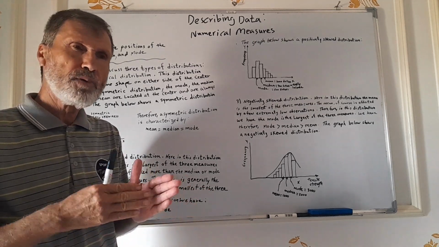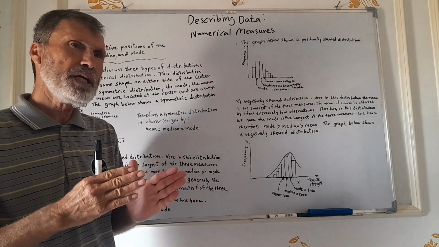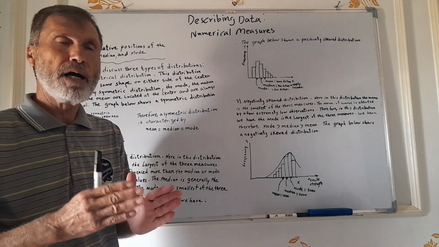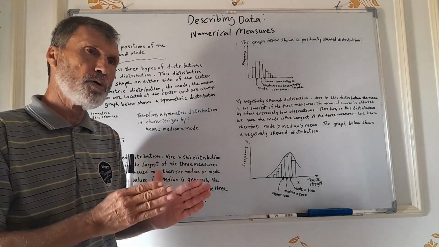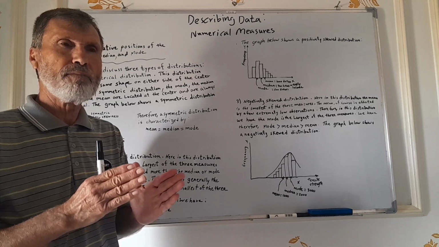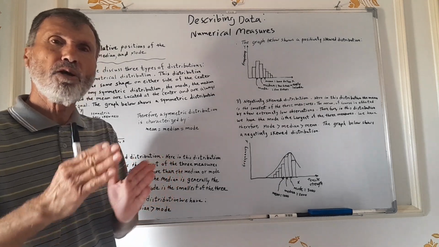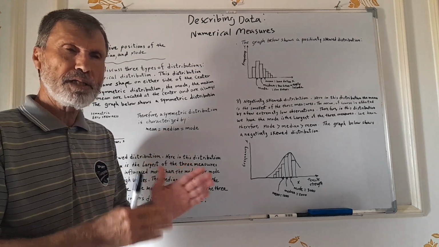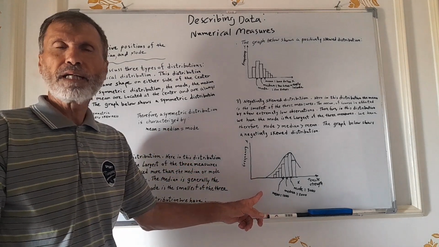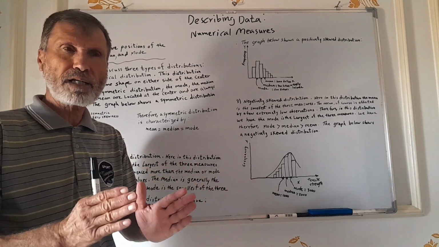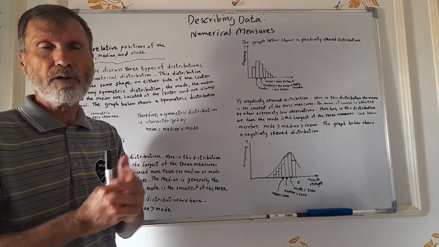Why is that? Because the mean is more influenced than the mode and the median by a few extremely low values. So here the arithmetic mean, in the case of a negatively skewed distribution, is influenced or affected by a few extremely low values.